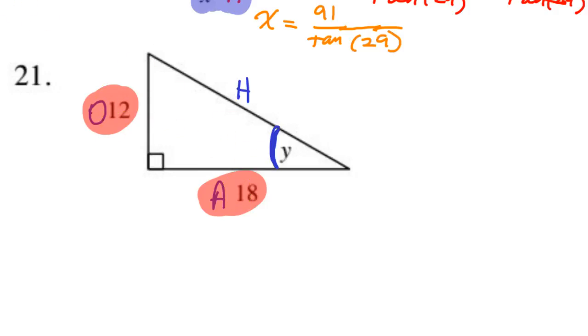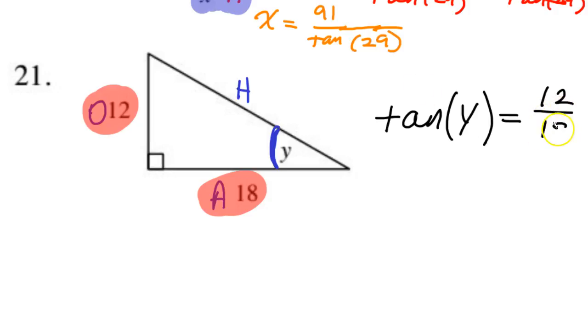Opposite and adjacent is tangent, so this is a tangent problem, but tangent of y, so the tangent of y is equal to opposite over adjacent, and, oh, so remember, when you see this in parentheses with the name of a ratio next to it, that means you have to use an inverse.